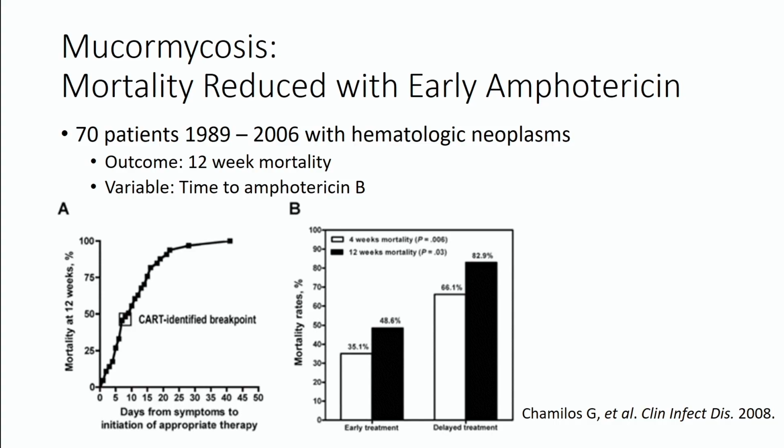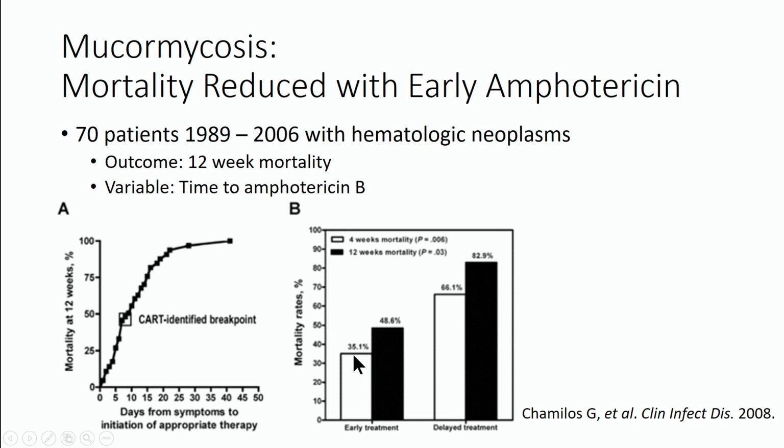Now, the idea that you should treat aspergillus with voriconazole up front stands in stark contrast to invasive mucormycoses, where amphotericin is the mainstay of therapy. And in another seminal paper from the mid-aughts out of MD Anderson, the authors identified that if by 6 days after your onset of symptoms, you start amphotericin, your mortality is about half compared to if you start later.